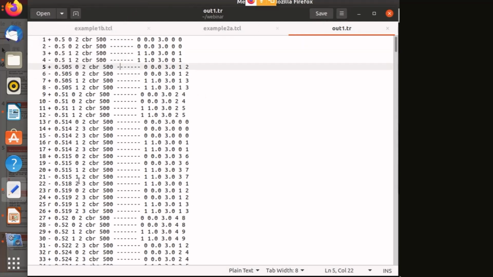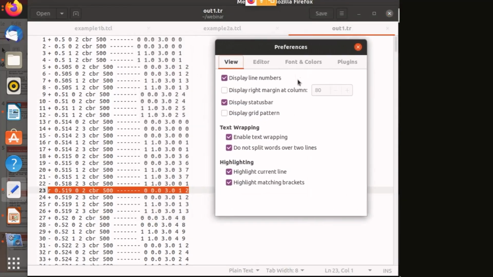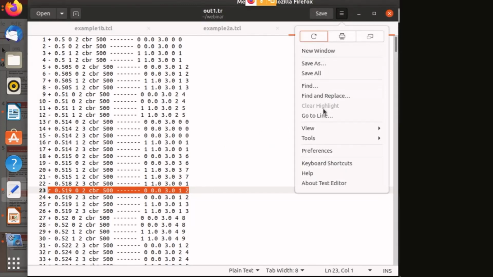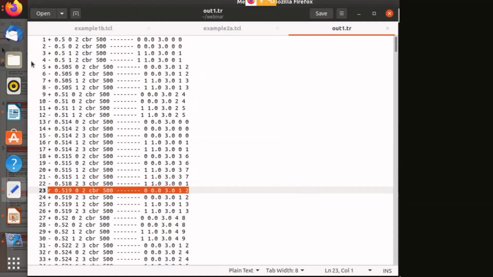If I ask you to go to line 23, then it will be very good. If some of you are not able to see the line numbers, go to the menu section of the text editor, go to preferences and click on display line numbers. You will get the line numbers.